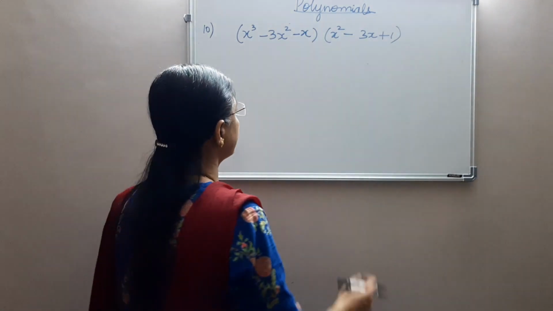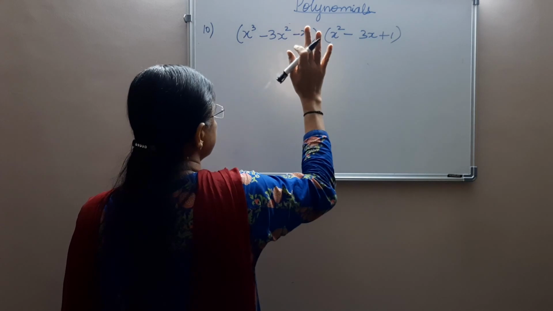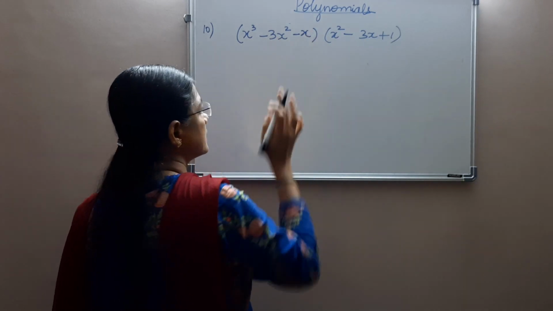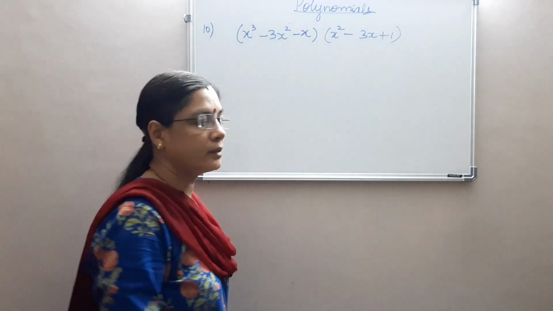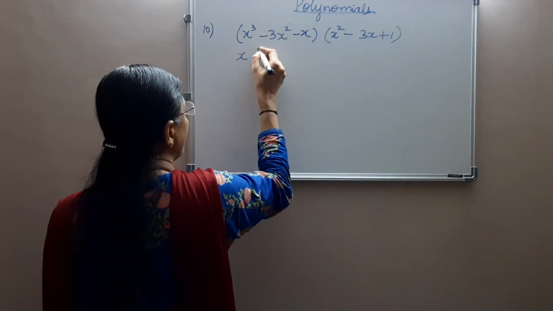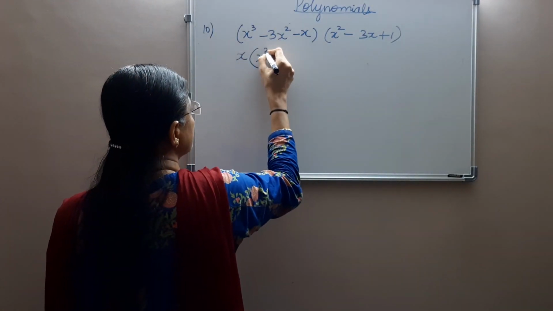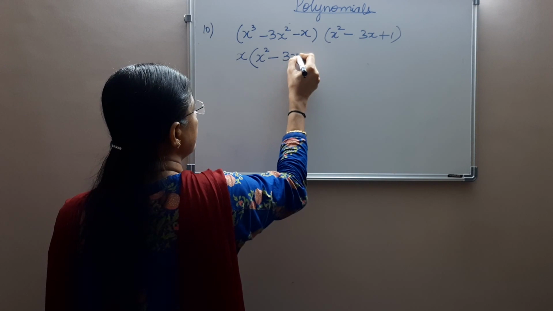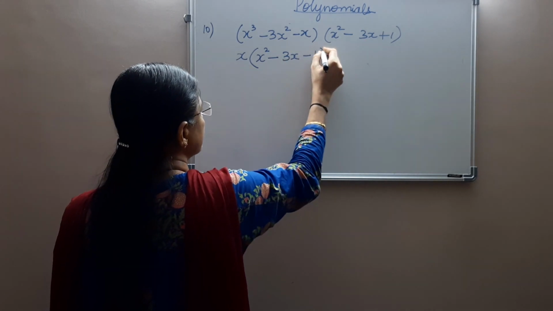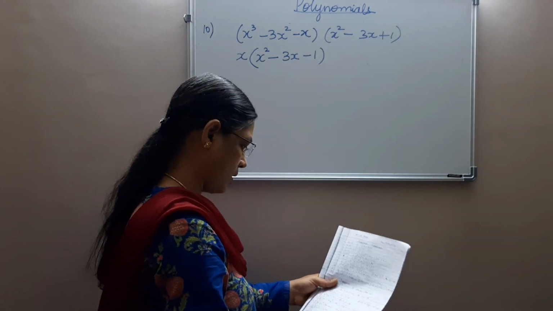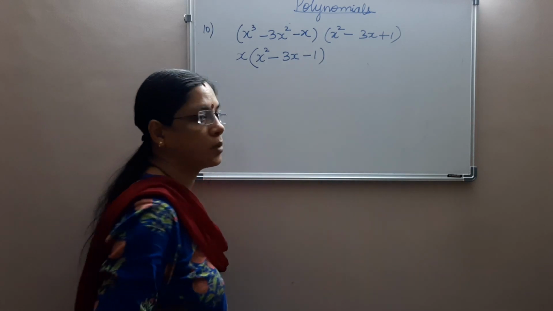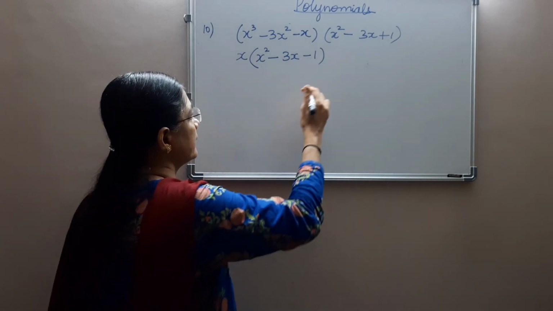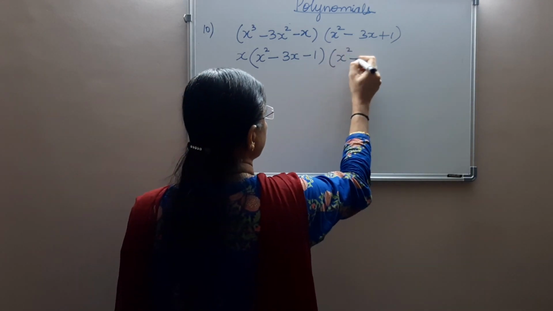If you take this first term here, all the terms have x in it, isn't it? So I can take x common, so x squared minus 3x minus 1. Yes, this is minus 1. X squared minus 3x minus 1, and let this be as it is.